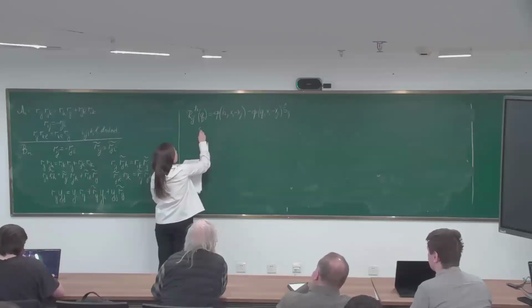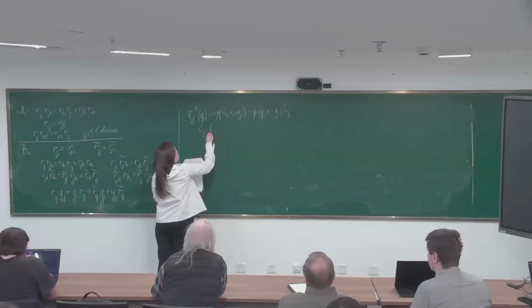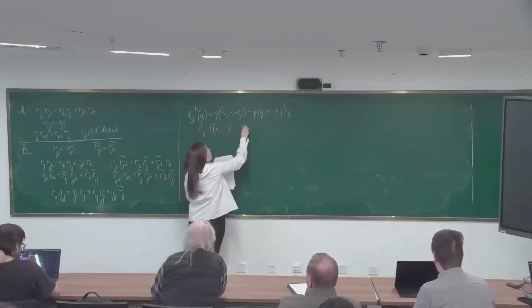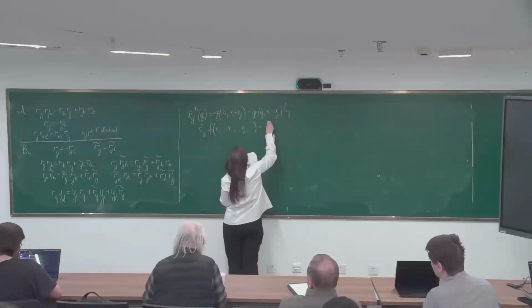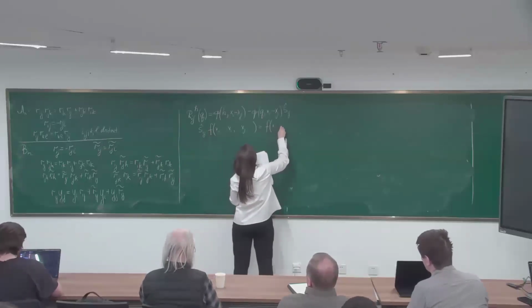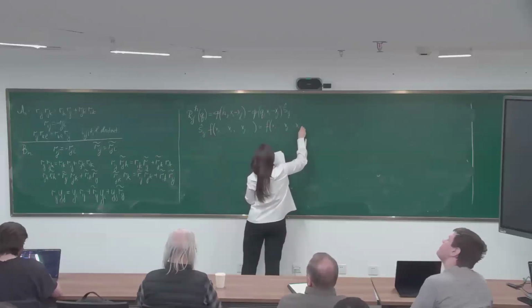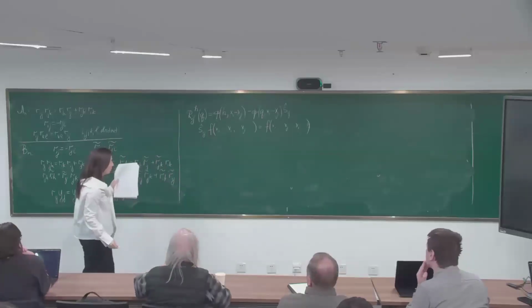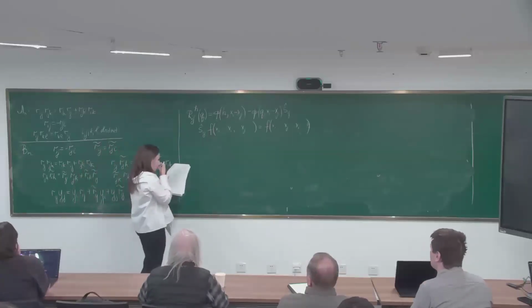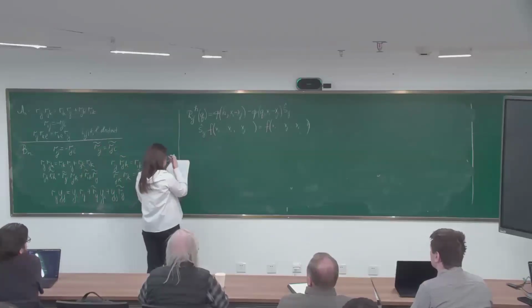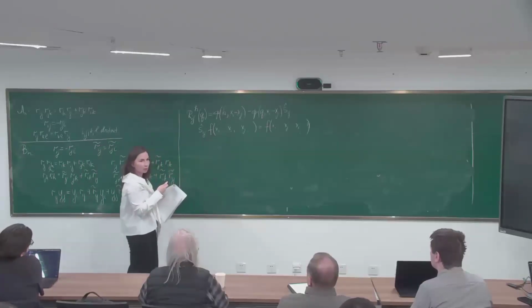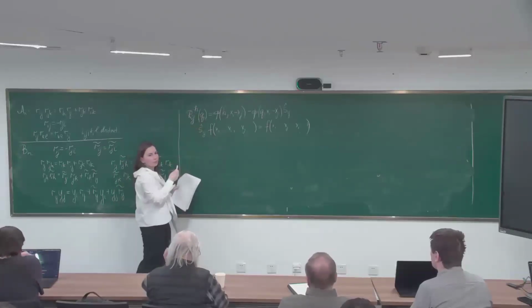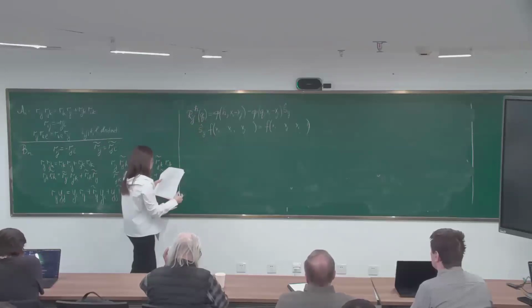S is just the permutation, so it acts on functions and permutes x_i and x_j. These operators satisfy the quantum Yang-Baxter equation and the associative Yang-Baxter equation, the same as I wrote before with this spectral parameter and quantum parameter.